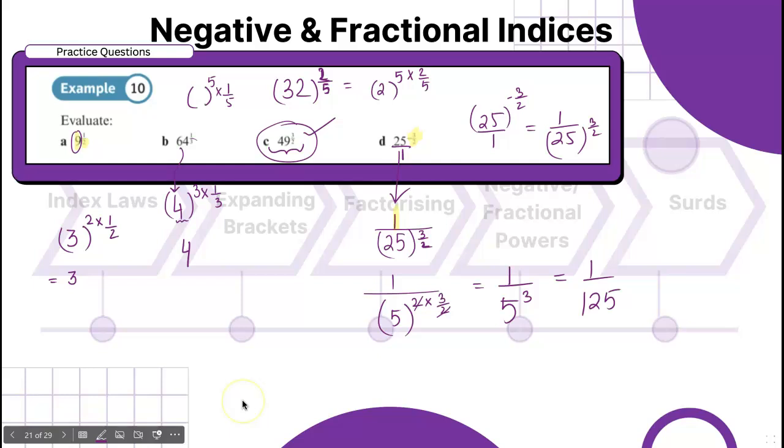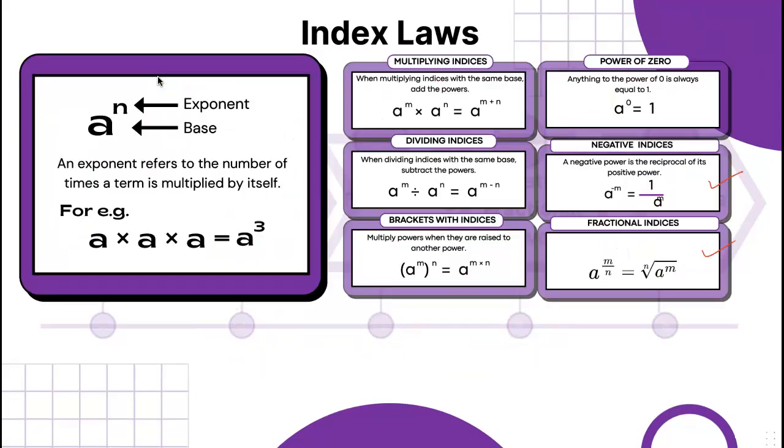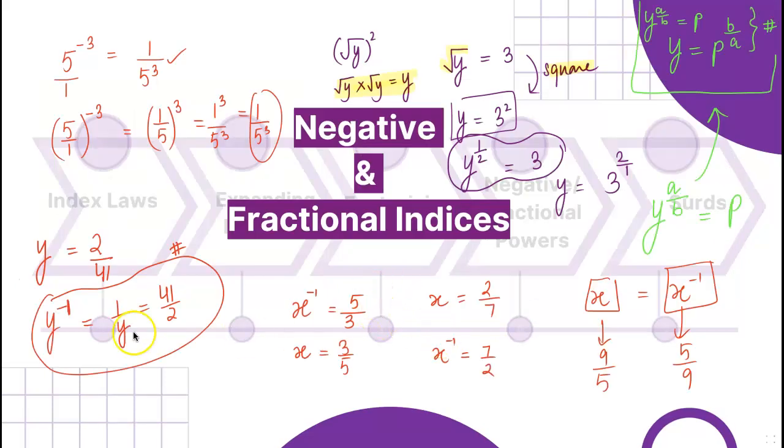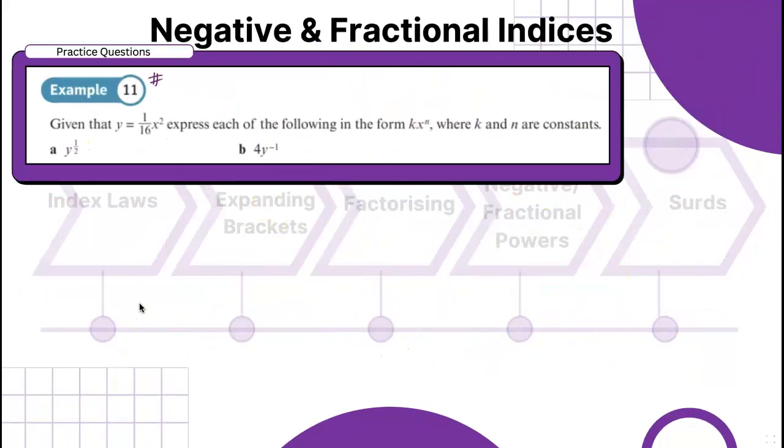Okay. So next question. Now this one is actually going to be implementing what we discussed very early. Remember, where we were discussing what y inverse would be. They have given y is 1 over 16 x squared. Can we write it as x squared over 16? 1 times x squared is x squared only.